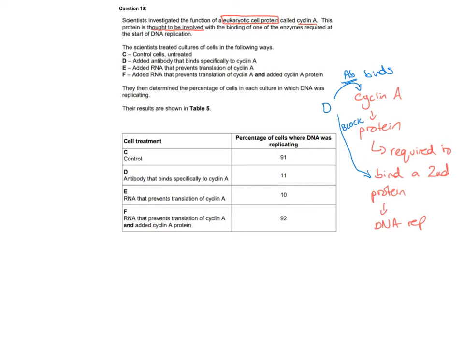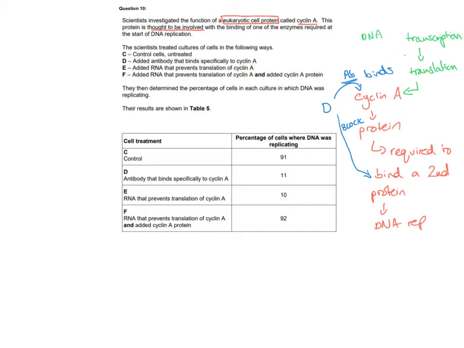E, they added RNA that prevents translation. So I'm going to go to another colour here and say, okay, cyclin A is a protein. So that means in order for cyclin A to be present, we have to have some translation of mRNA. We have to have transcription of the DNA.